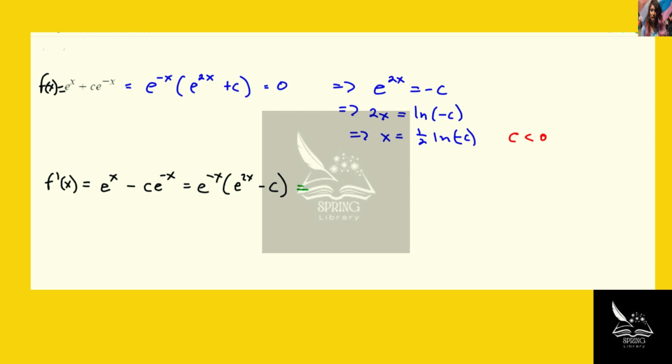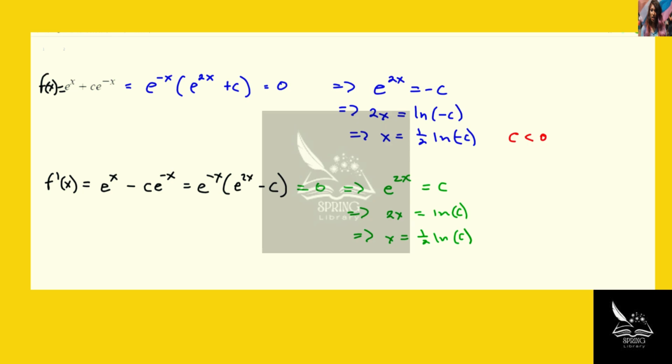Again, we set this equal to 0. e to the negative x can't be 0, so the other part has to be 0. So e to the 2x is equal to c. Take the natural log of each side, so 2x is equal to the natural log of c, and dividing by 2, we get x is equal to 1/2 natural log of c.